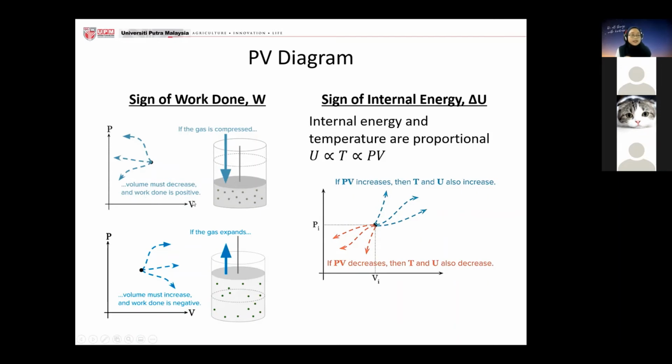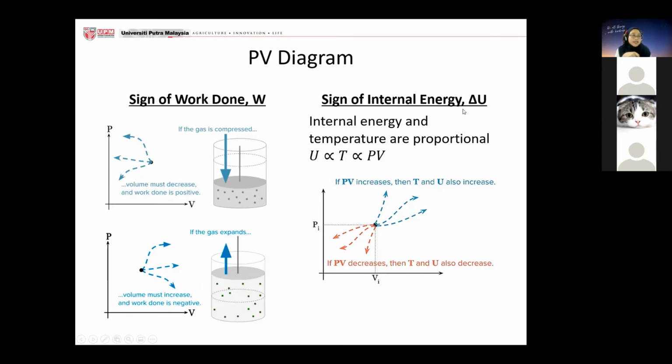So it's easy. If you have a PV diagram, you just look at where the arrow is moving. If it's moving to the left side, you can immediately understand in your mind it's going to be W positive, and this is going to be W negative, right?